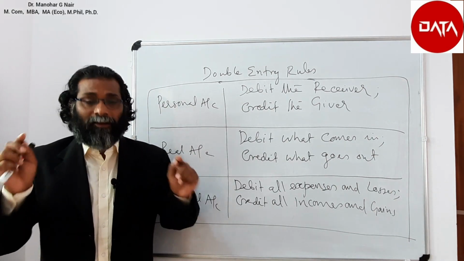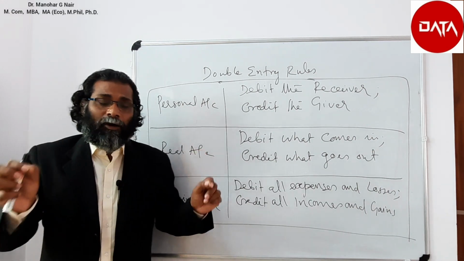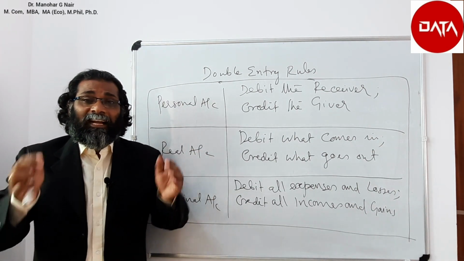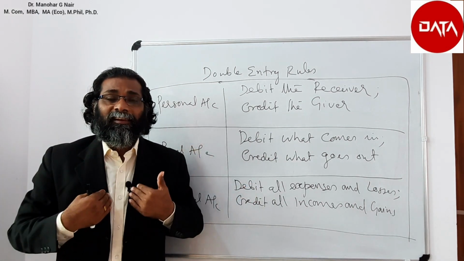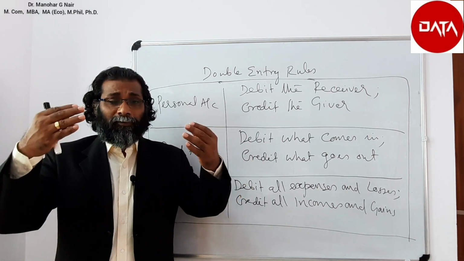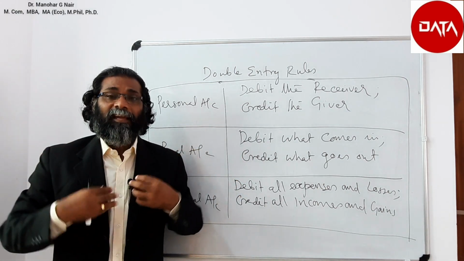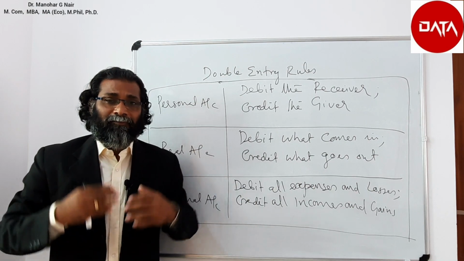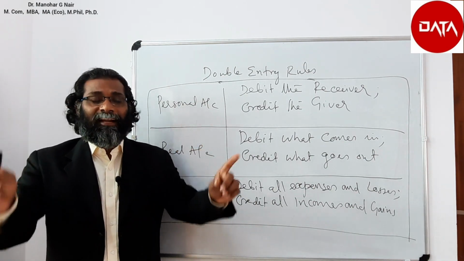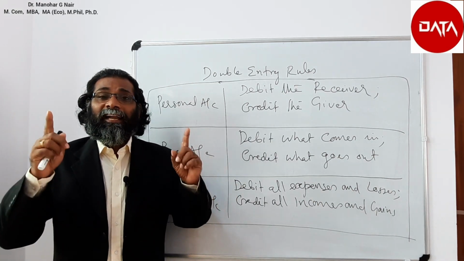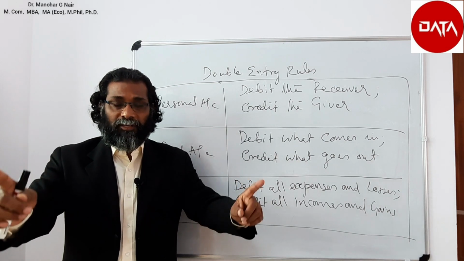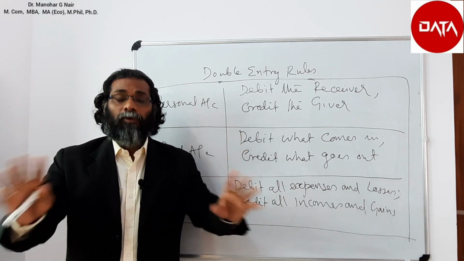Secondly, the real account. A real account is an account which deals with assets. So the rule is debit what comes in and credit what goes out. If something comes to the business, it is to be debited. If something goes out of the business, it is to be credited.